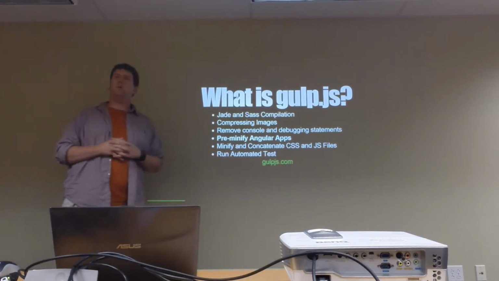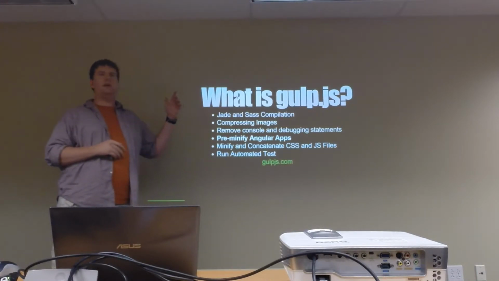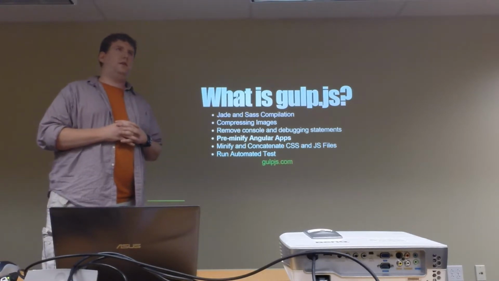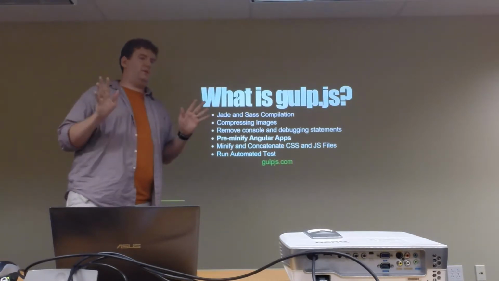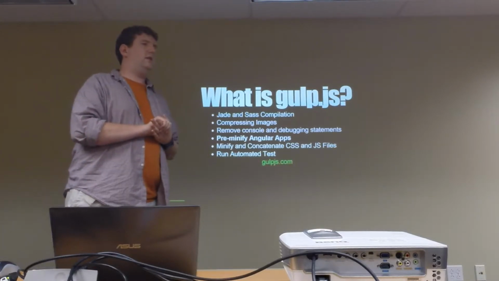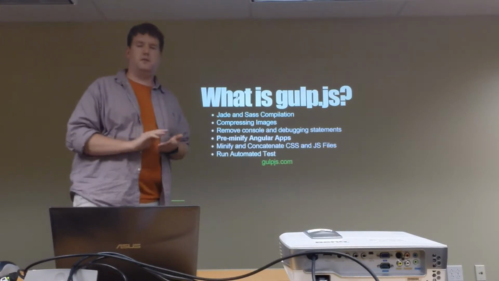The reason why we're talking about it is because you can run pre-minification steps for Angular apps. You can run all kinds of other build tasks. You can basically run any kind of code that you could run in any kind of node application.